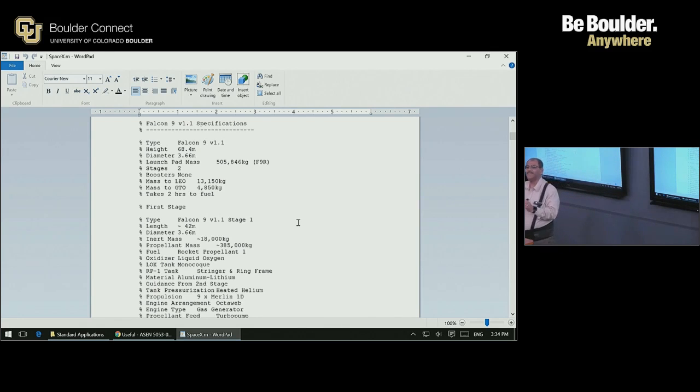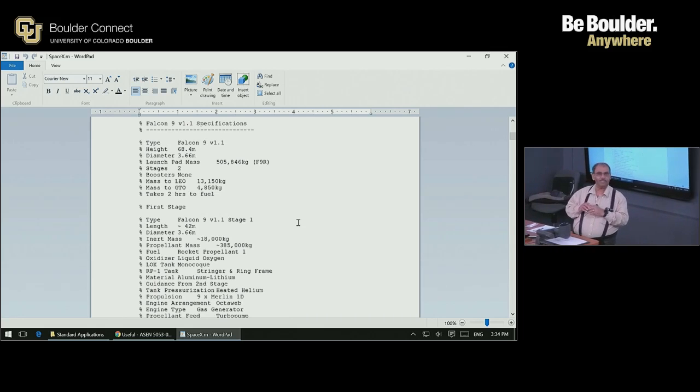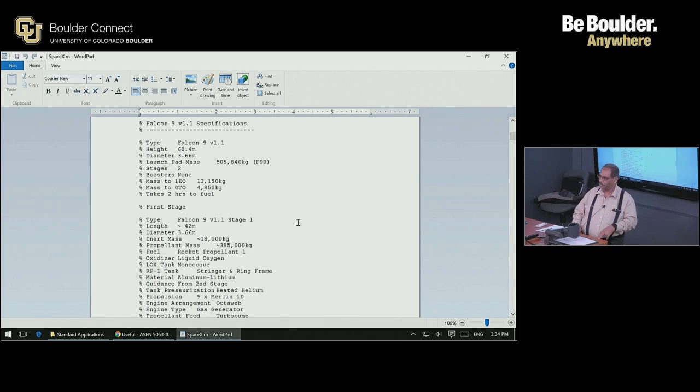geosynchronous transfer orbit. Now there are different types of orbits. Low Earth orbit is just low orbit. Geostationary orbit is a perfectly circular equatorial orbit of a certain height that matches the satellite speed with the rotational speed of the Earth, so that the satellite remains stationary over a particular region.